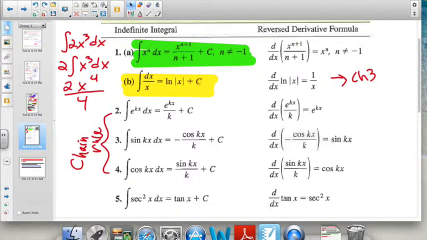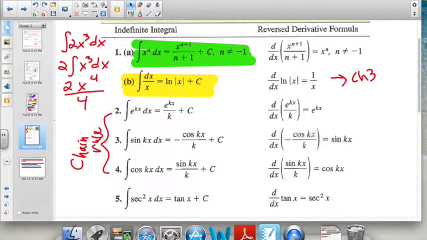Okay, notice we're still just dividing by that coefficient. Okay, so that's reversing the chain rule. Remember the chain rule, we said sine of 3x would be cosine 3x times 3. Well, if we do the antiderivative, we're just finding the antiderivative and dividing by the 3, reversing that process.